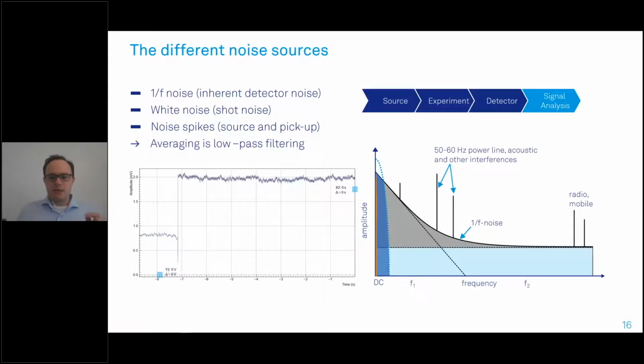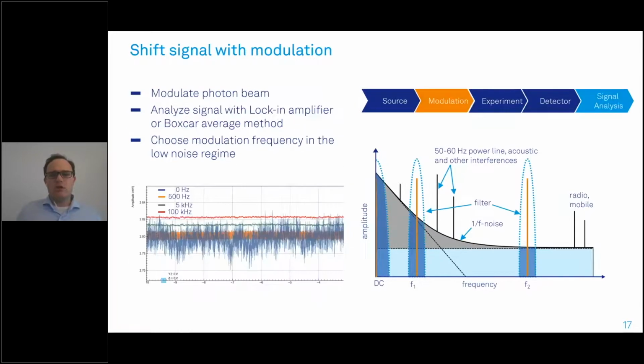Now, going back to how we get to this region where we can achieve a quantum limited detection in the white noise regime, we want to modulate the signal. We want to shift the signal into this regime, and we do that by adding a modulation, typically between the source and the experiment itself.